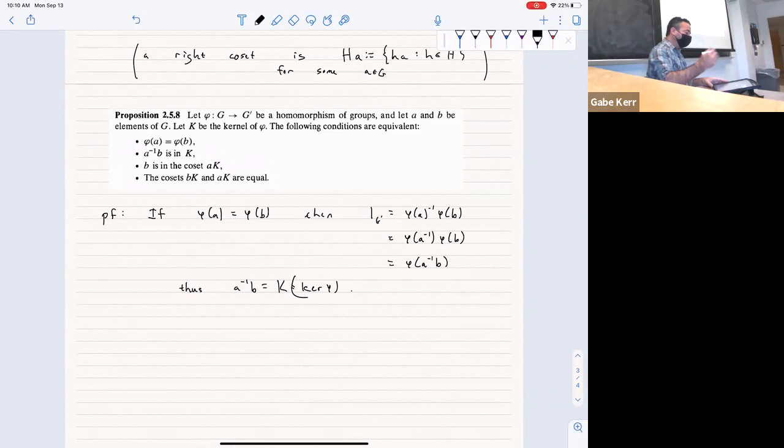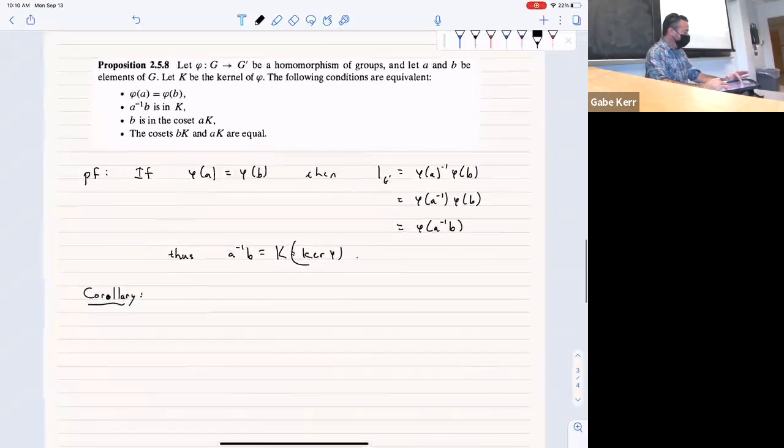But from this, there's a nice corollary, which is very important and often forgotten, even by graduate students. I teach grad algebra sometimes, and it comes up in a lot of theorems.